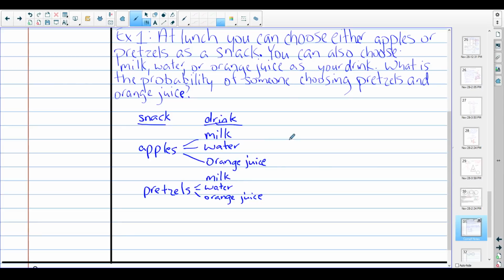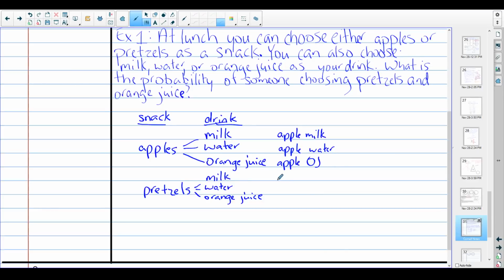So what we can do is write them out, because some people don't like seeing them in tree form. So we said our first outcome was apple with milk, or we could have apples with water, or an apple with orange juice. Okay.